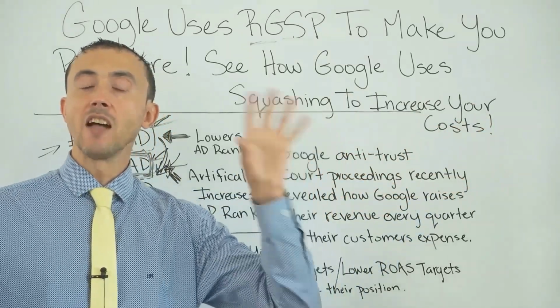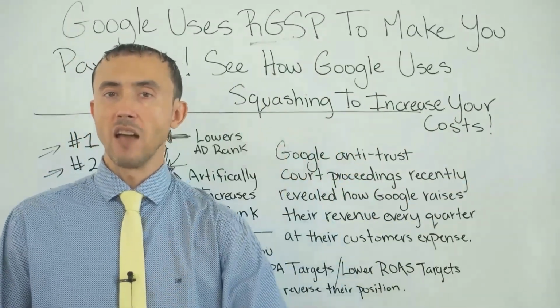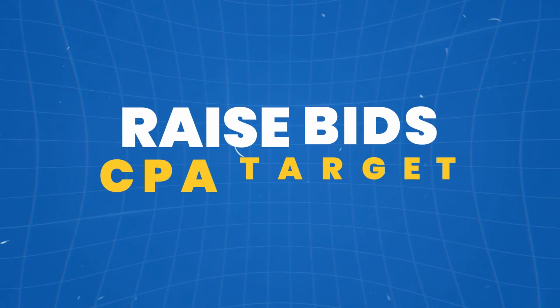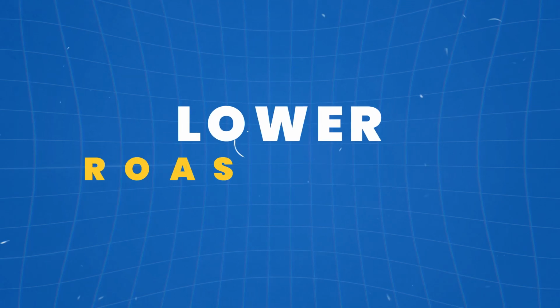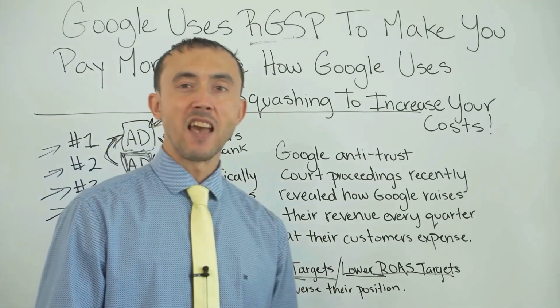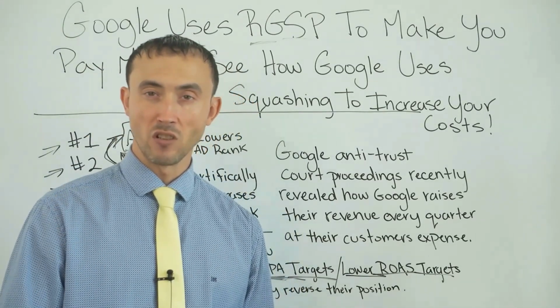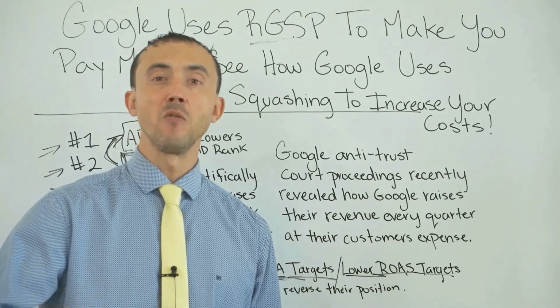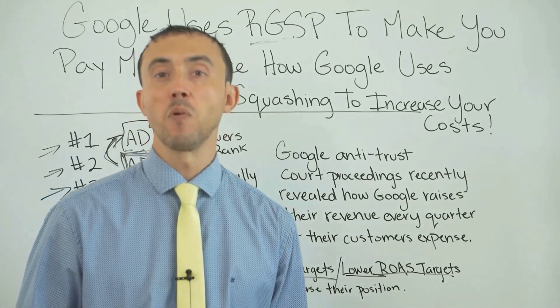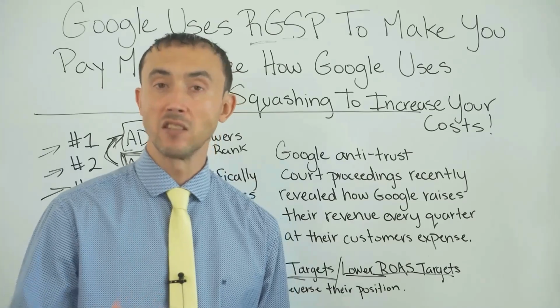And the answer to this, by the way, is if you see your impressions go down, you can raise your CPA target or lower your ROAS target to get your impressions to go up right away again. But if you play that game, you're going to be thought of as a sucker, and they're going to potentially do it to you again in the future until you've raised your bids as much as you possibly are willing to raise them.